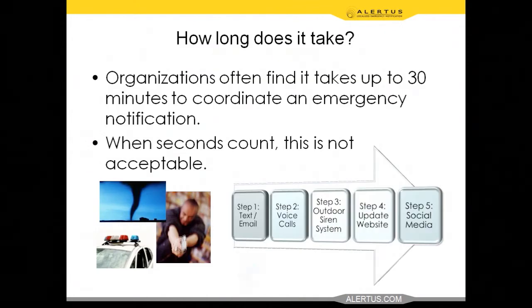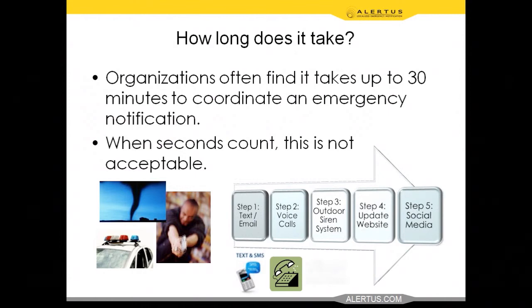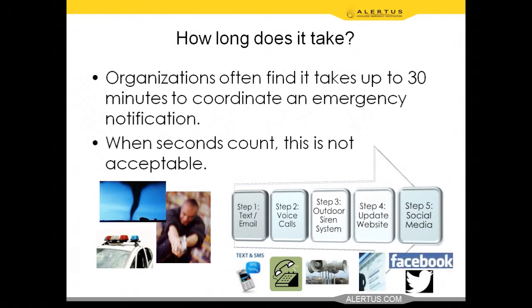They'll go ahead and run a scenario to figure out how long it takes to activate everything. We've heard anything from 10 minutes to, say, 30 minutes to activate all the different devices. So, getting your text and email out there, your voice calls, activating the outdoor giant voice, the website, going through your marketing and PR department maybe to get something posted on Facebook and Twitter.